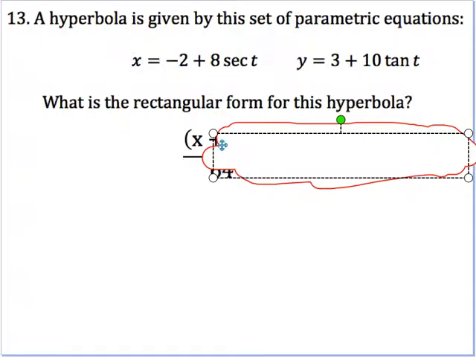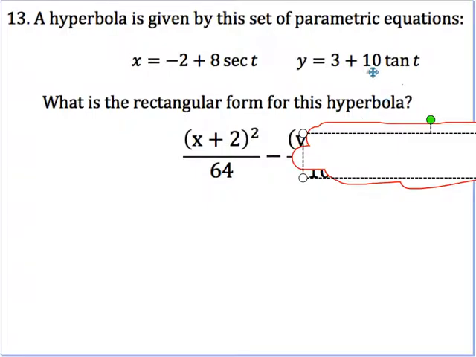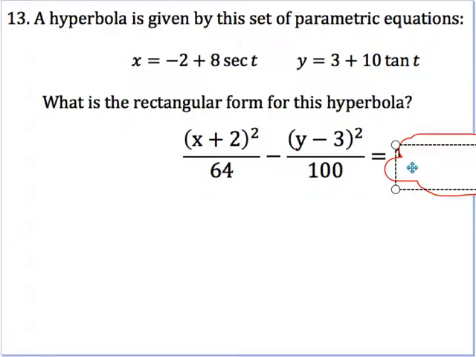Since it's already negative, it's going to become a plus, so we have x plus 2 here. Then the 8 is squared to become 64. Then it's going to be minus, because tangent's here, the y fraction will be minus. Then it'll be y minus 3 up top, squared. And then 10 squared is 100, and then that all equals 1.